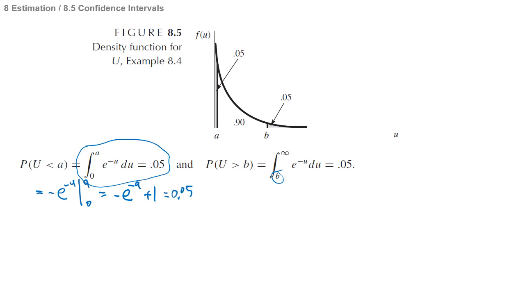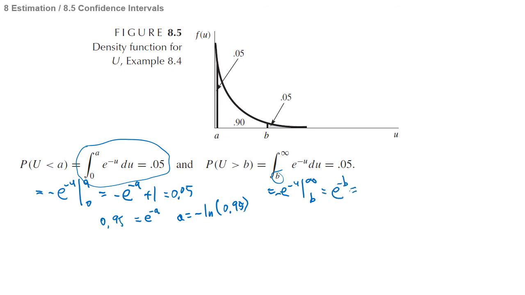So e to the minus a is equal to 0.95, and so a is minus ln 0.95. For b, the integration of minus e to the minus u from b to infinity is e to the minus b.